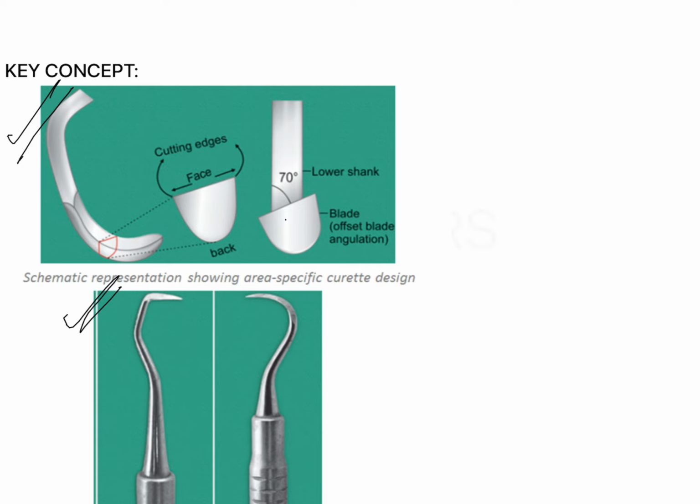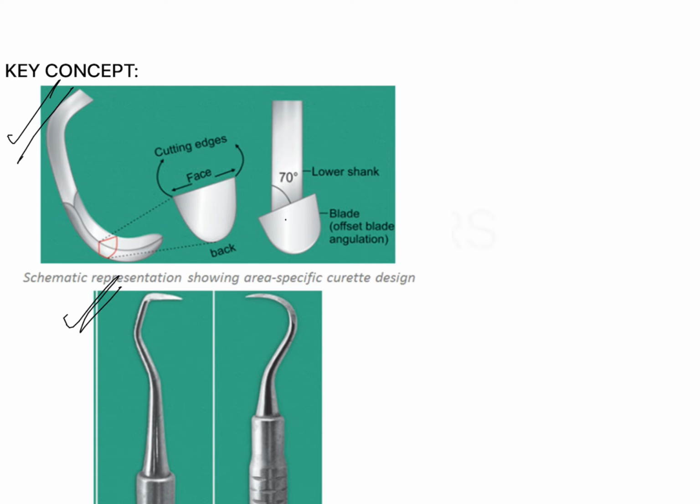And then after placing it in the sulcus, you start scraping in a filing action. You start bringing the instrument outside the sulcus. Primarily it first helps to remove whatever gingival granulation tissue is there. And in addition to that, when it is placed towards the tooth surface, it ends up causing root planing as well as removing whatever subgingival calculus is present.